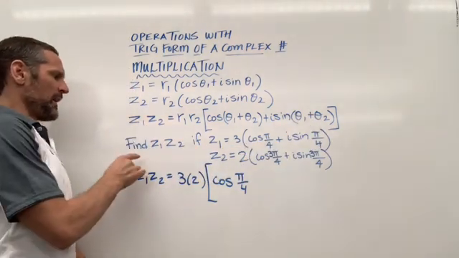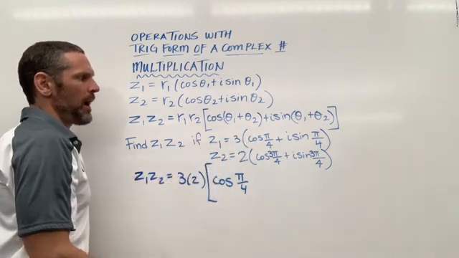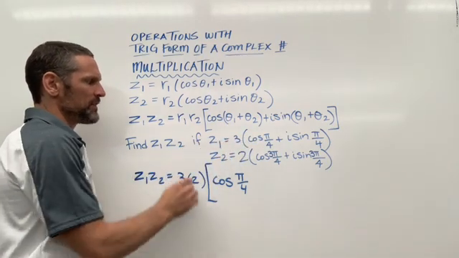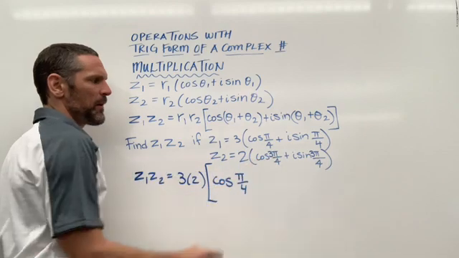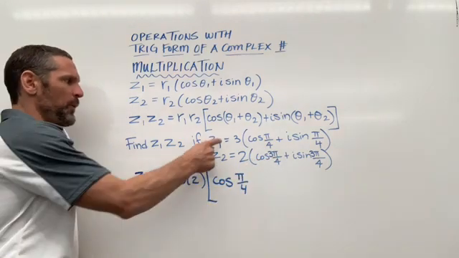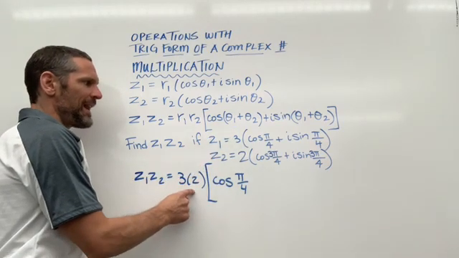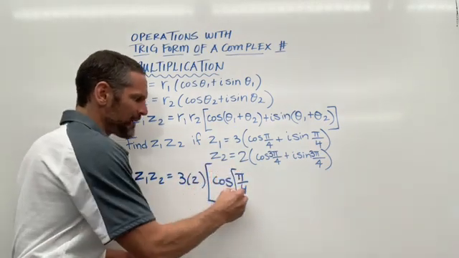For example, if I have z1 equals 3 (cosine pi over 4 plus i sine pi over 4), and z2 equals 2 (cosine 3 pi over 4 plus i sine 3 pi over 4), then z1 z2 is, I'm going to first multiply the modulus times the modulus, and now I'm going to add my arguments.